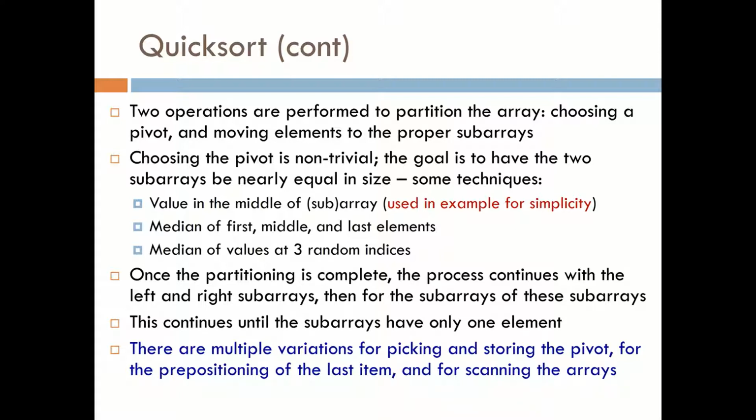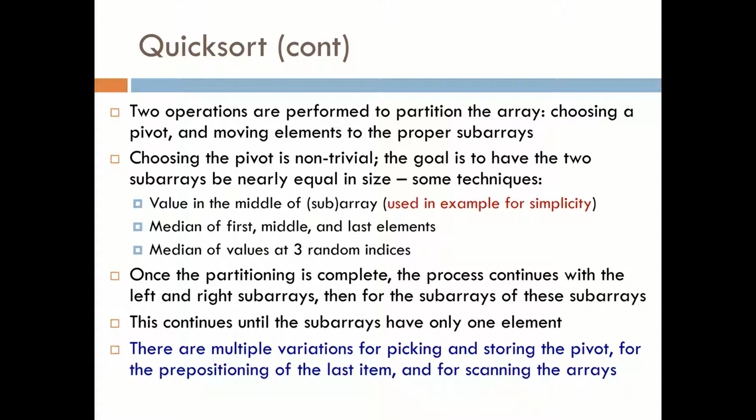Another way to pick the pivot is to look at the first, middle, and last elements in the array. For instance, if I had a 10 element array, I might look at element 0, then element either 4 or 5, and then element 9, and then take the median, so the value that falls in the middle out of those three.